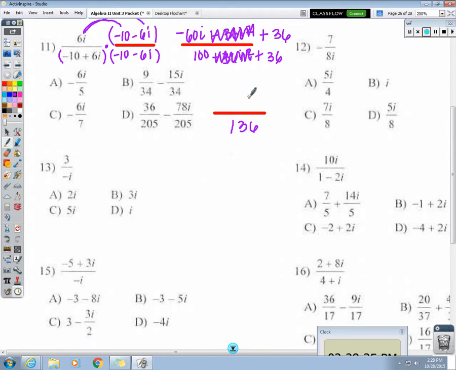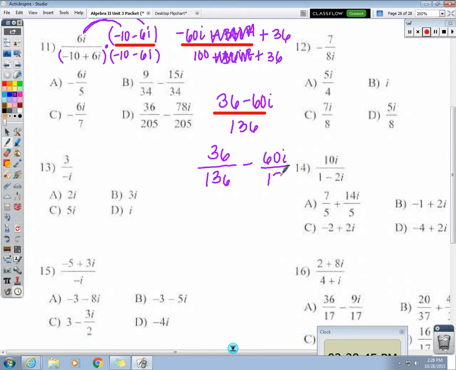How do you write the numerator? Is that standard form? Right. Standard form is the real number, then the complex number. So now when you break it apart, you get 36 over 136 minus 60i over 136.